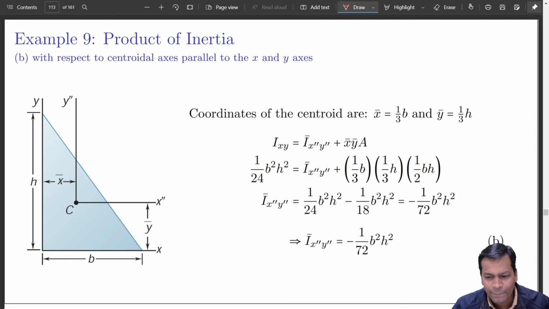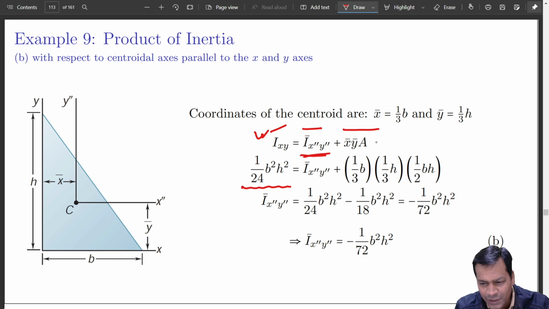So now I will use this equation directly, which tells you Ixy is equal to this plus this. This is what? About centroid. Very good. This is what you already know, we just did it. This is the term that can be extracted from here.